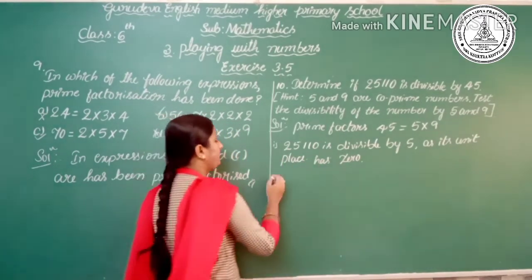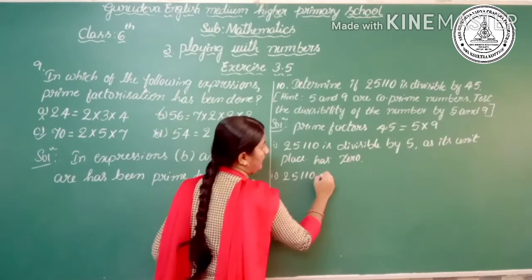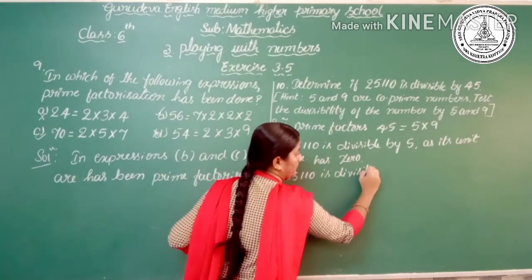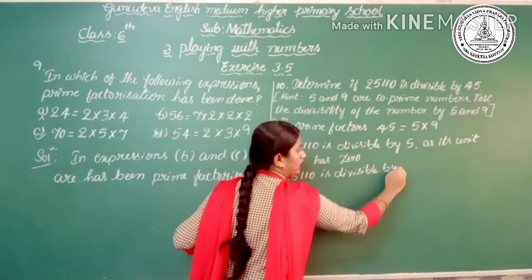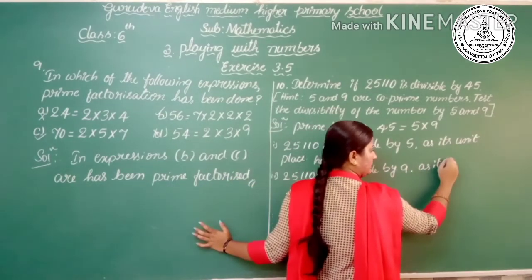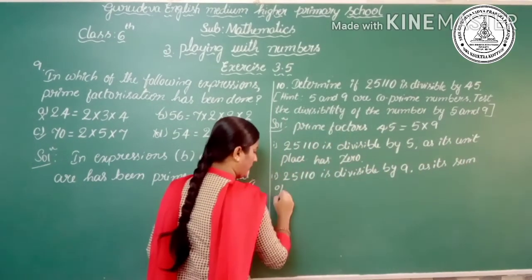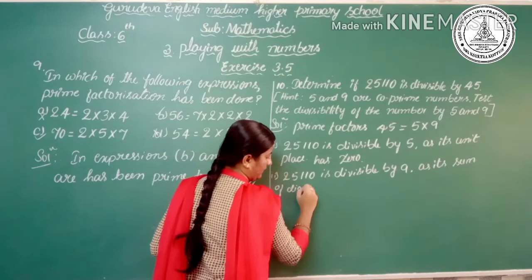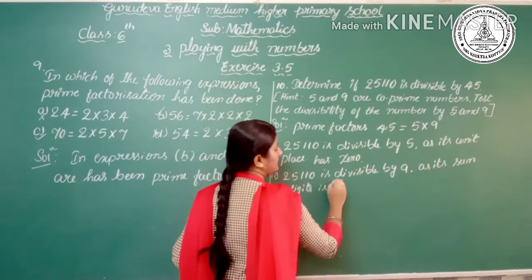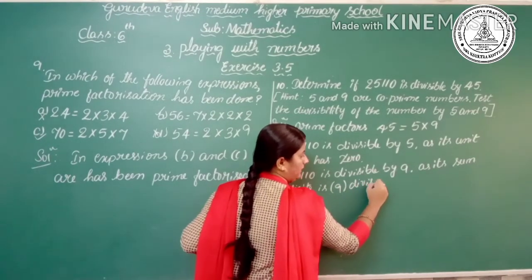Let's write here: 25,110 is divisible by 9, as its sum of digits, that is 9, is divisible by 9.